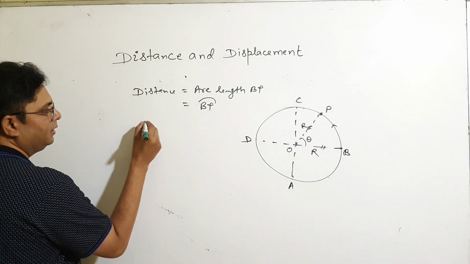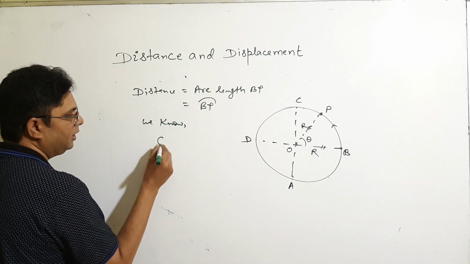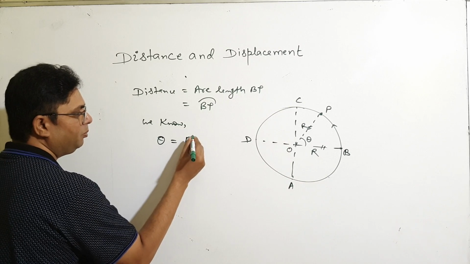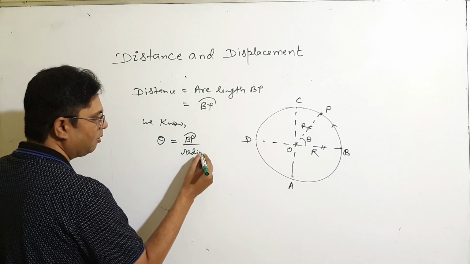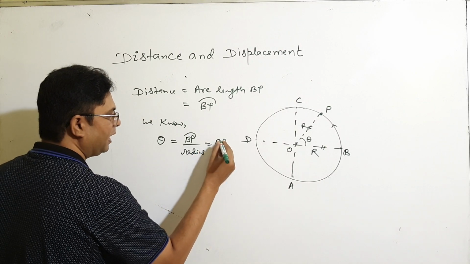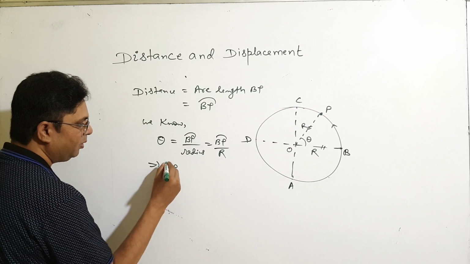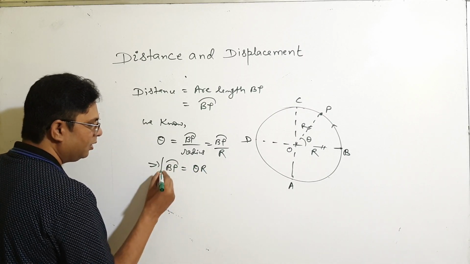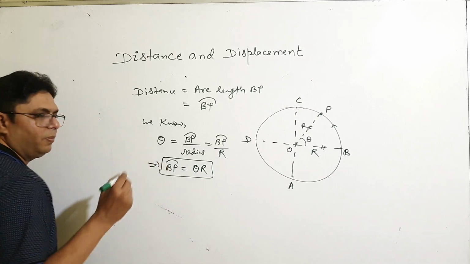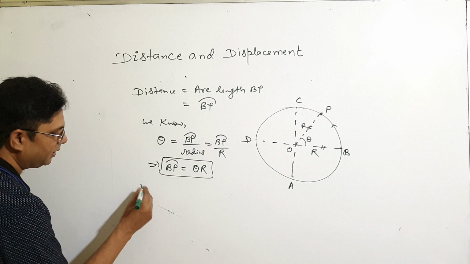You know that theta is equal to BP arc upon radius. So this is BP arc upon capital R. So this means that BP arc equals theta into R. This is the distance. But you talk about displacement.